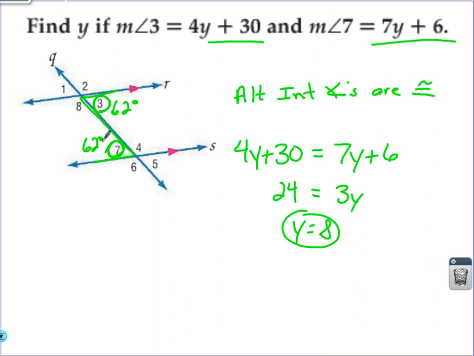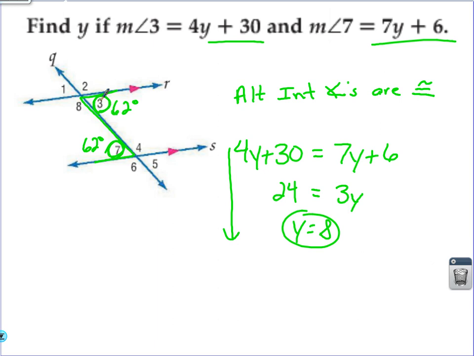Think about what I could ask you on your test. I could give you this exact same problem. Find y if this is this and this is this. And then I could say, okay, now what's the measure of angle 2? They're not equal. And that tests you on so much more because if I ask you for the measure of angle 2, you've got to go through this whole spiel. You've got to solve the equation. Now that I know that y is 8, now I have to plug it in and see that this is 62.